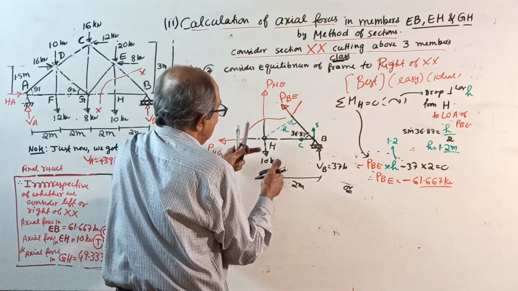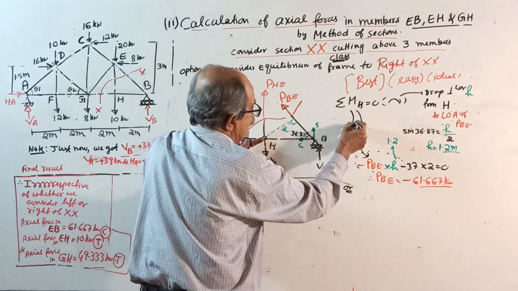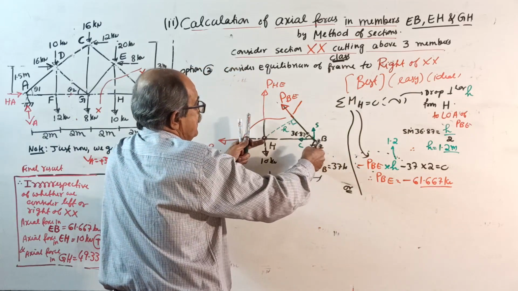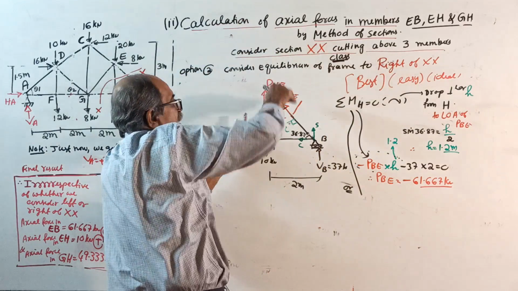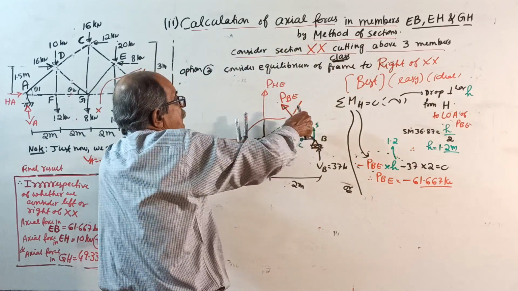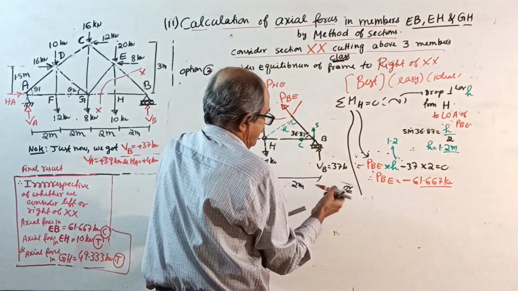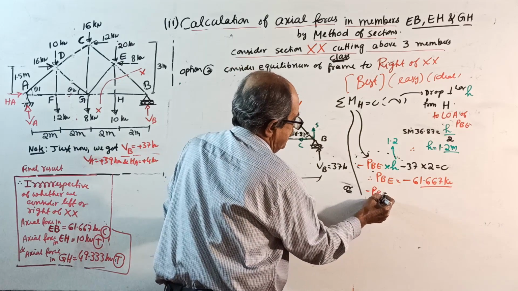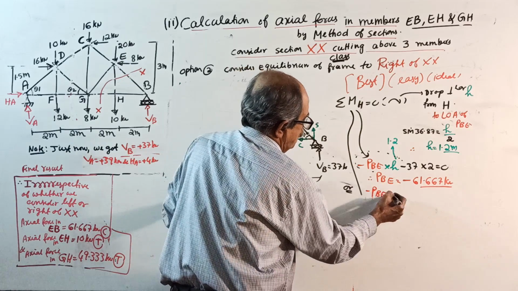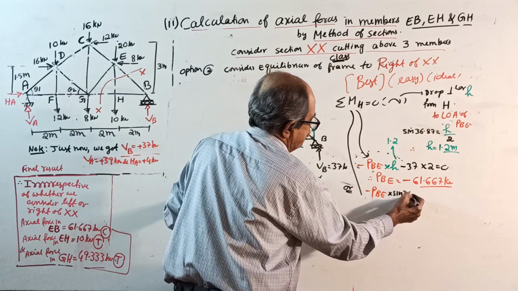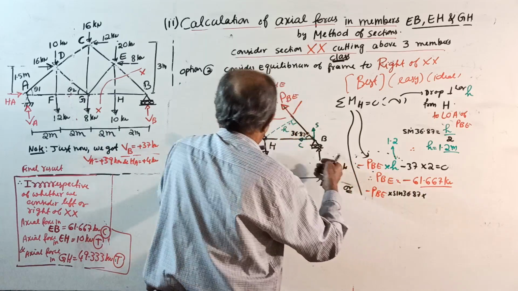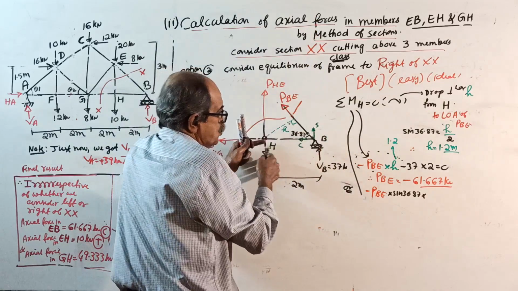When you take moment about H, the vertical component is PBE sine 36.87, so PBE sine 36.87 into 2.